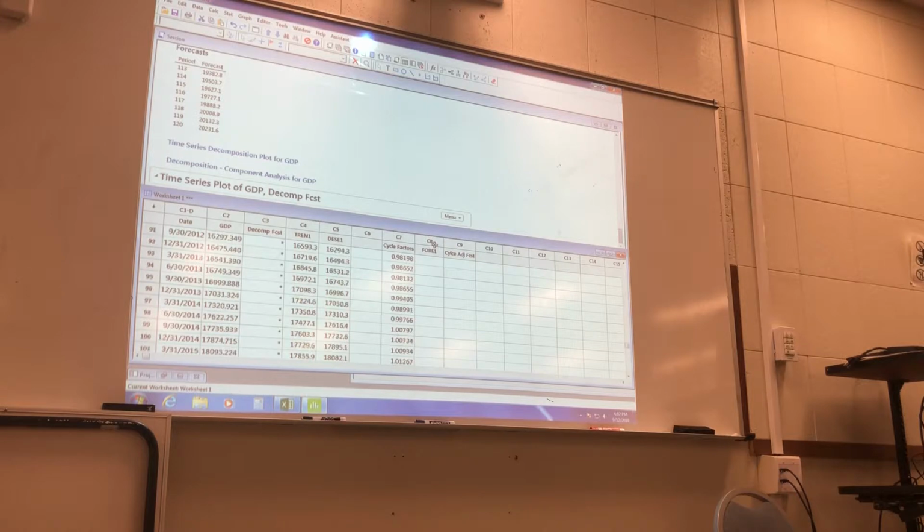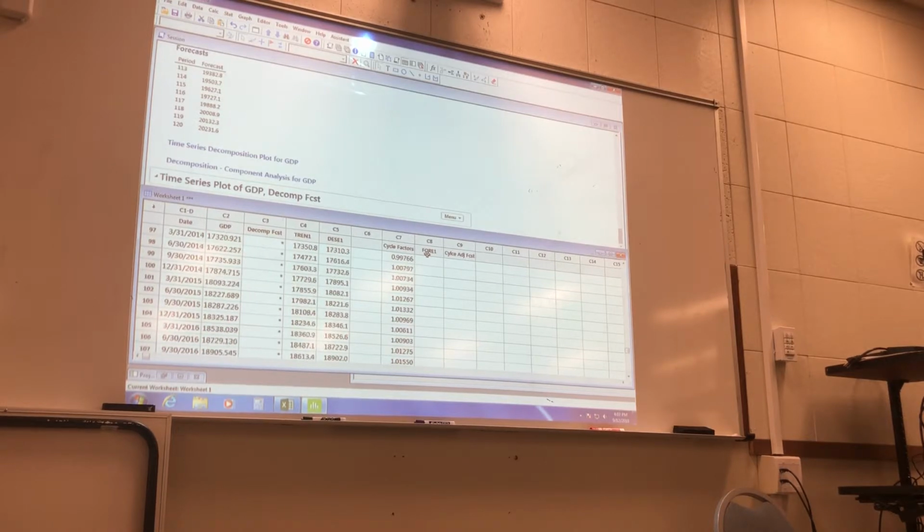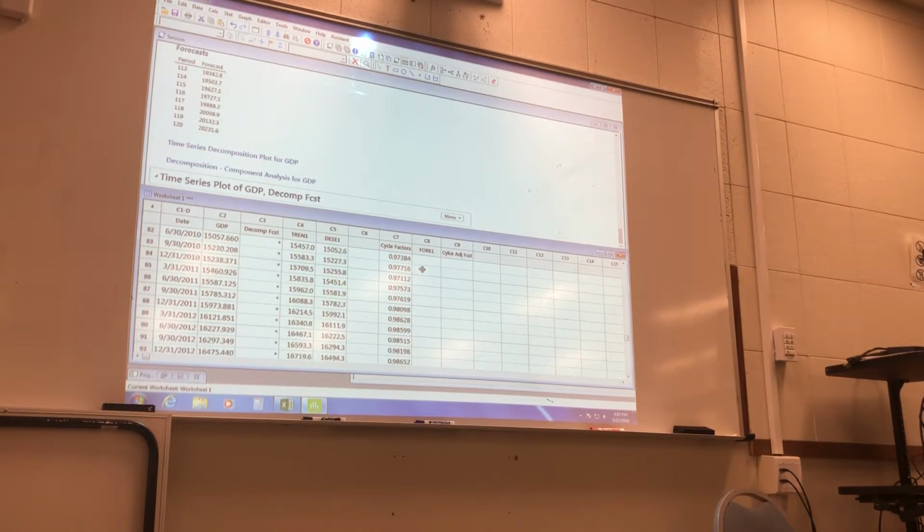You take the forecast that you've got out of Minitab, and you copy the last cycle factor. You take that forecast and label another column. I call it cycle adjusted forecast. And you multiply that forecast by the cycle factor, 1.038 something, whatever that cycle factor was.